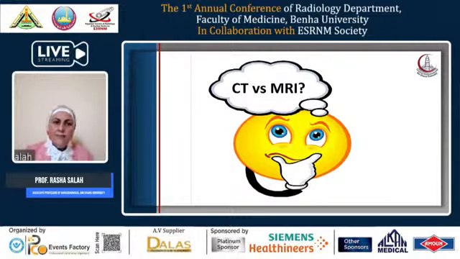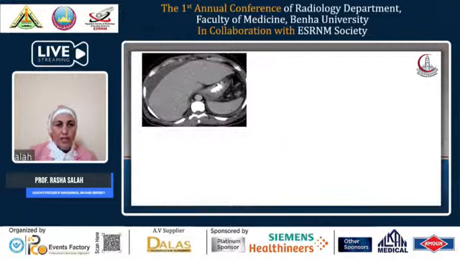So how can we assess HCC by CT or MRI? This is controversial, as Professor Dr. Amr mentioned earlier. There is no solid guarantee which is better, CT or MRI, but let me share with you some of our cases. These are not cirrhotic patients, just to show you the similarity between CT and MRI.